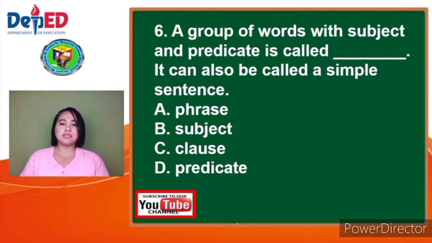Number 6. A group of words with a subject and predicate is called, it can also be called a simple sentence. A. Phrase. B. Subject. C. Clause. And D. Predicate. The answer is C. Clause.